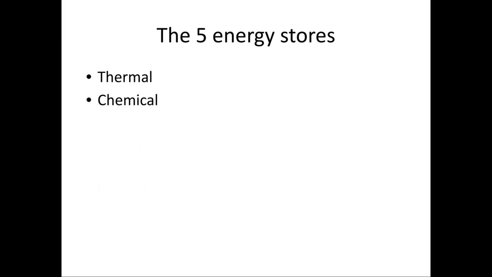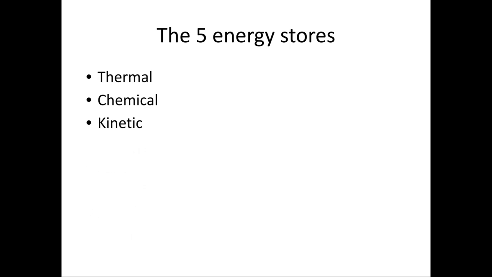Then we've got chemical energy. Chemical energy is the energy stored either in a fuel like coal, oil or gas, or in food. If you were to eat a Dairy Milk or an Easter egg, you are consuming chemical energy.